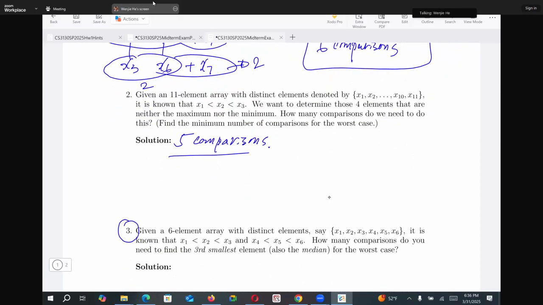They gave me 4 comparisons, 6 comparisons. Why? They didn't use the information efficiently enough, so they wasted some valuable information somewhere.